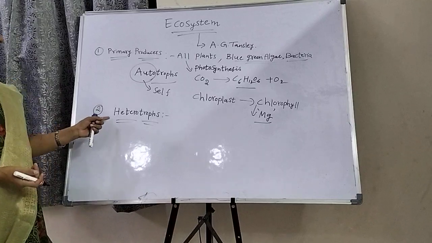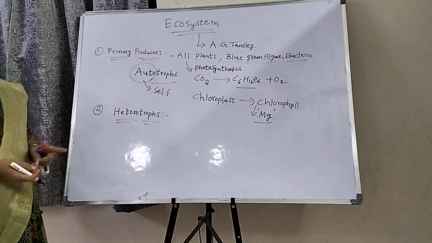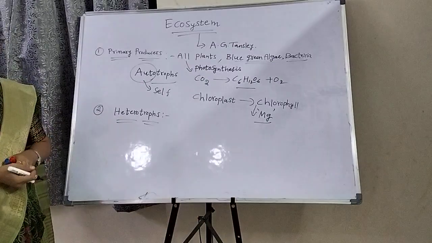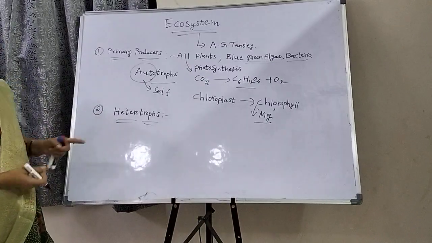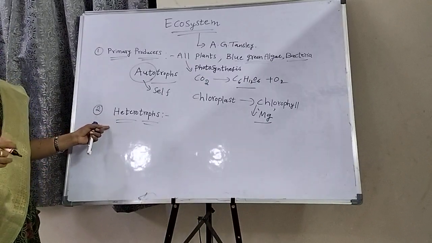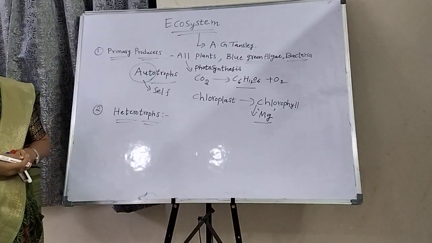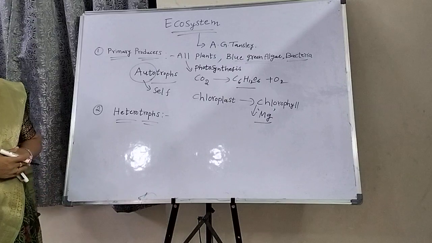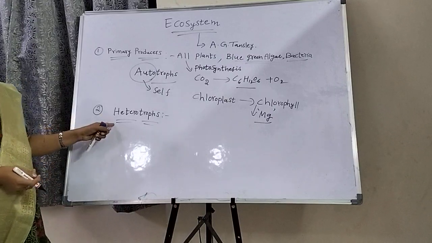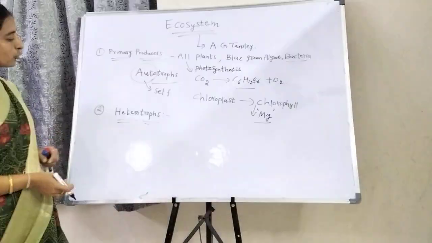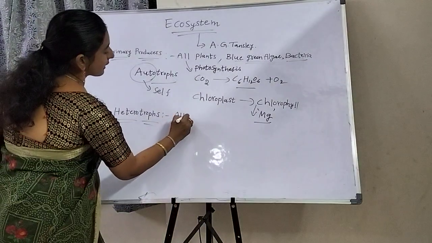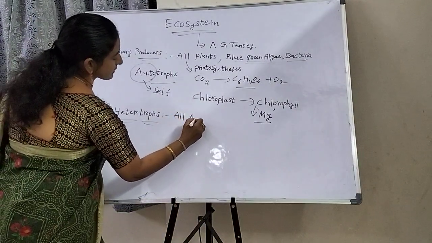All types of animals depend on plants for food and shelter, so they are known as heterotrophs. So, all animals.